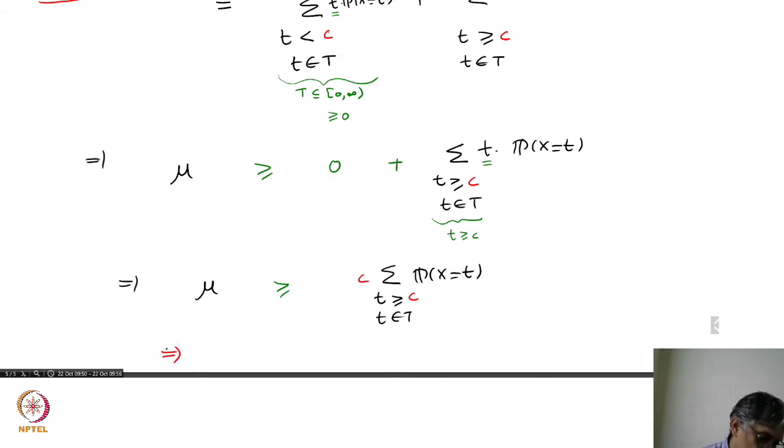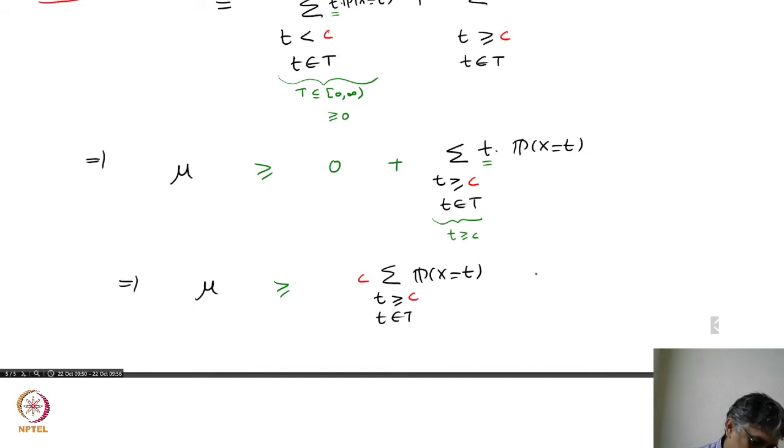This will imply now that mu is bigger than or equal to c times, what is this now? This expression right here is just everybody above c. So it's a disjoint union of everybody.